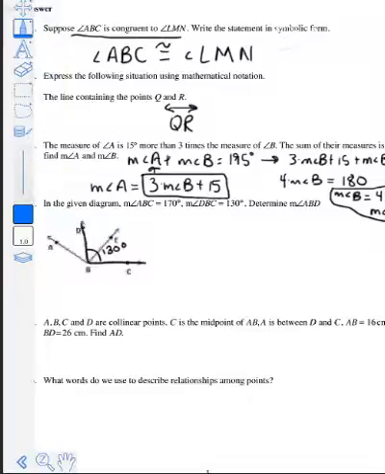So ABD is that piece of it right there. Well, if the whole measure of angle ABC is 170 and DBC is 130, that means the measure of angle ABD is equal to 40 degrees.